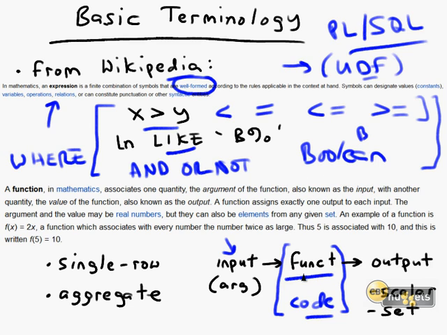Now, functions in most cases, but not all cases, require some kind of input or argument with which to do that work. For instance, you've probably used Microsoft Excel, right? Part of the Microsoft Office suite. Let's take a look at some of their functions just as an example. You might have used the average function in Excel, and the way you would write that function in that application is that you'd use equals, the name of the function, and then in parentheses you'd pass in one or more arguments that tell Excel what you're averaging.